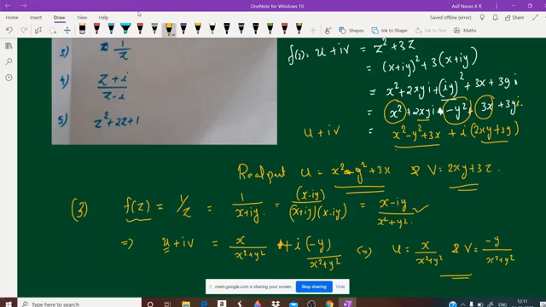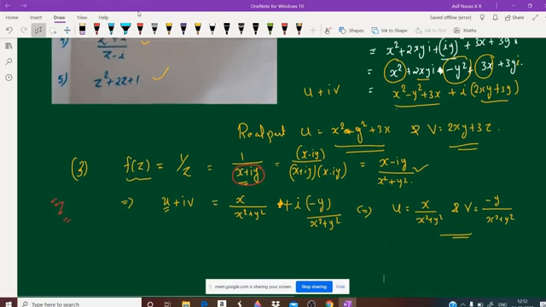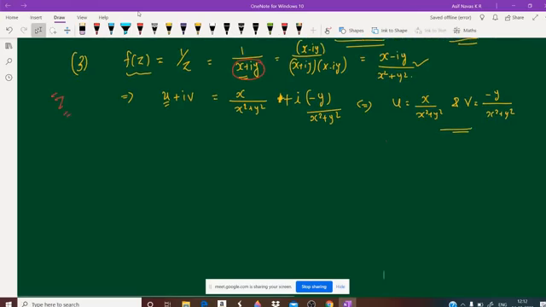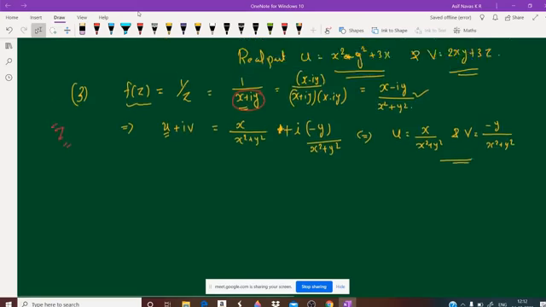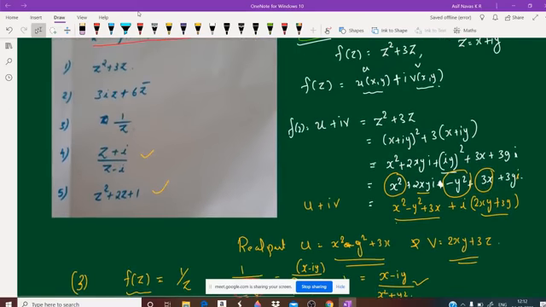So you can do these two problems similarly, and one more important thing is, if you have i in the denominator, you should multiply with its conjugate z bar, that is x minus iy. Now this is the second type of problem. You can do these three problems similarly.